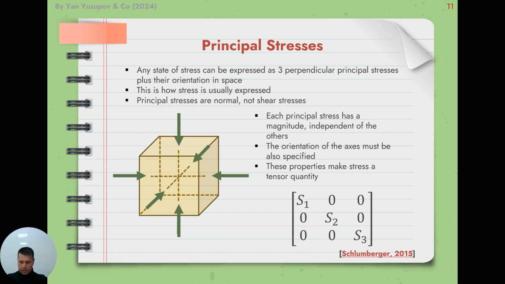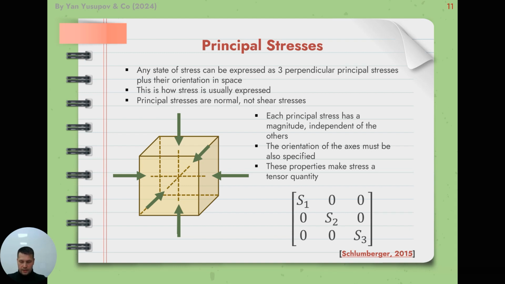This is the one set of axes with respect to which all shear stresses are 0, and the 3 normal stresses have their extreme values, as shown in the figure. These 3 perpendicular planes are called principal planes. Consequently, the 3 normal stresses acting on these planes are principal stresses.